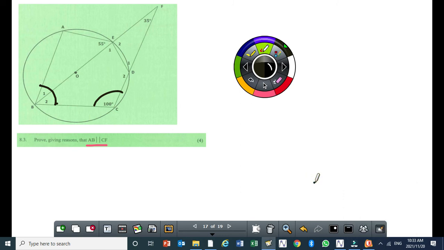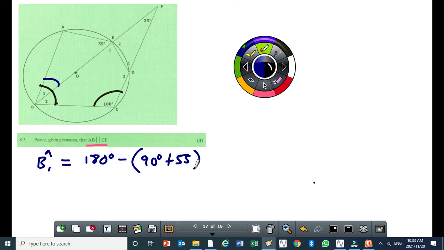So I'm going to use what? Co-interior. Right? So this is how I'm going to do it based on co-interior angles. I need to find the size of B1. So angle B1 is equal to 180 degrees minus (90 plus 55). Where am I getting that from?